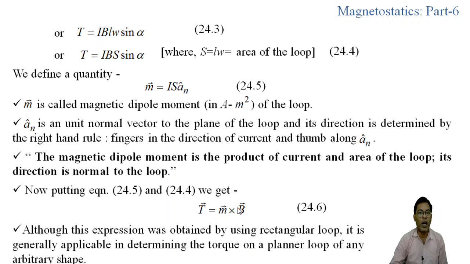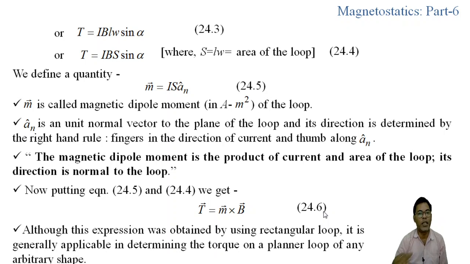Now the equation of the torque, that is 24.6, is derived for a rectangular loop, but this expression which we have obtained by using a rectangular loop is generally applicable in determining the torque on a planar loop of any arbitrary shape.